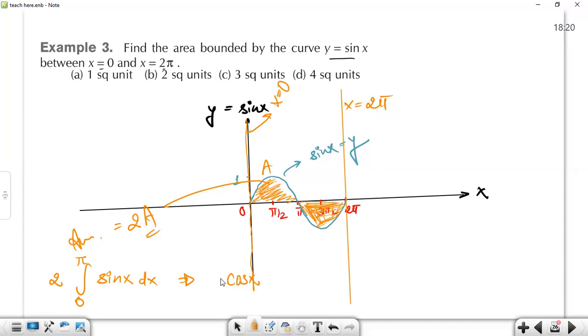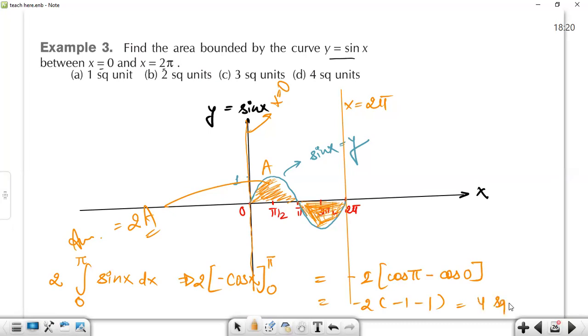Negative cos of x, limit pi to 0, so 2 into cos pi minus... taking minus as common, minus 2 cos of pi is what? Minus 1. Cos of 0 is 1. So there was a negative sign. Minus 2 into minus 2, it will become 4 square units is our answer.